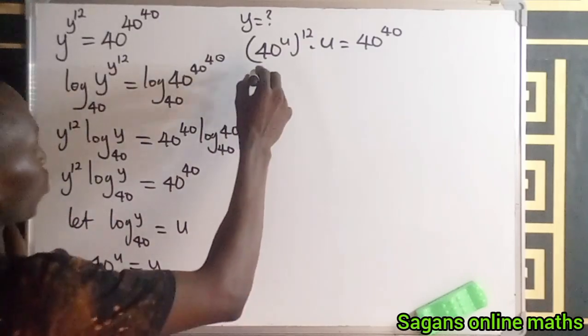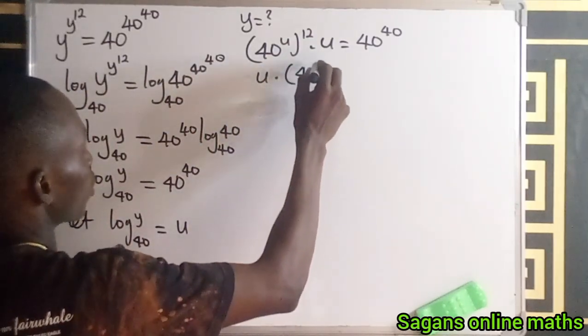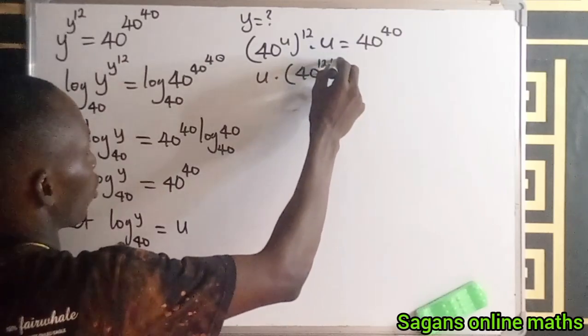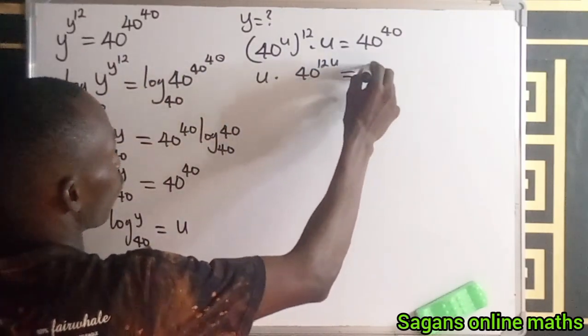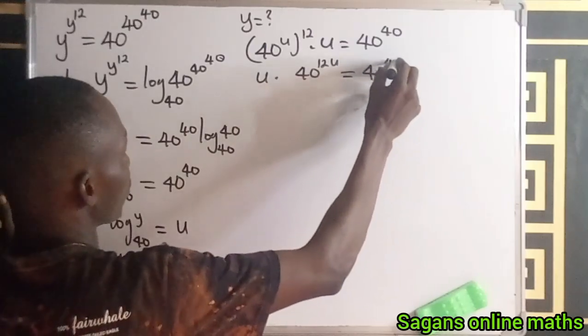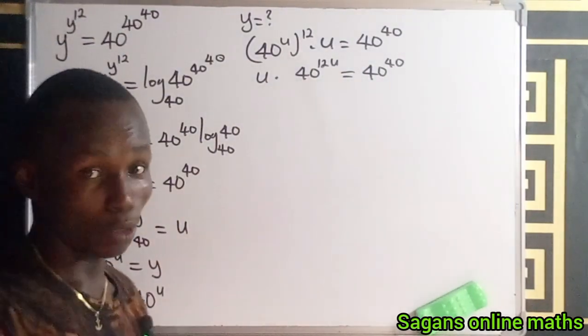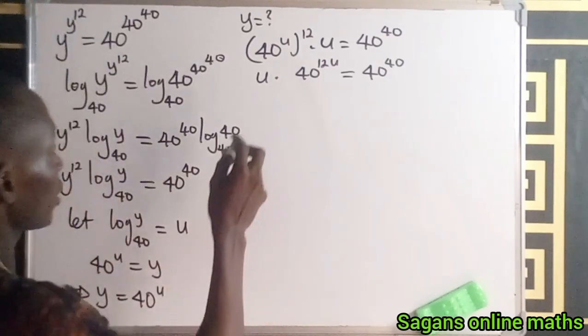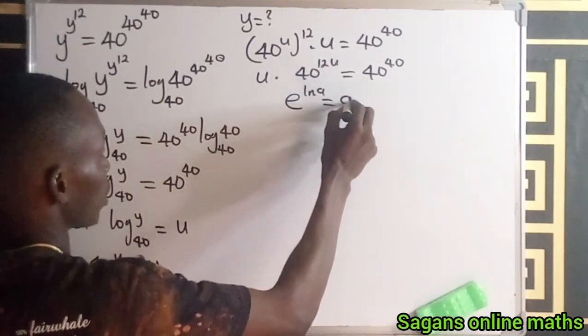Now I can also write this as u multiplied by 40 to the power of 12u, by obeying the properties of indices, then equals 40 to the power of 40. Now there's a law in logarithm I want you to take note of, that e to the power of ln a is always equal to a.